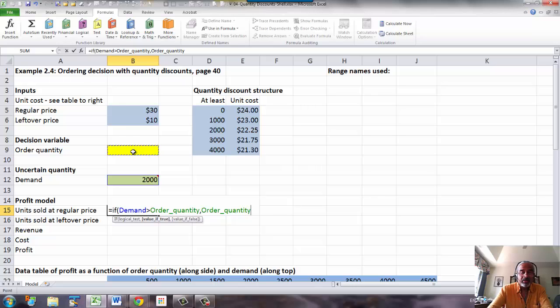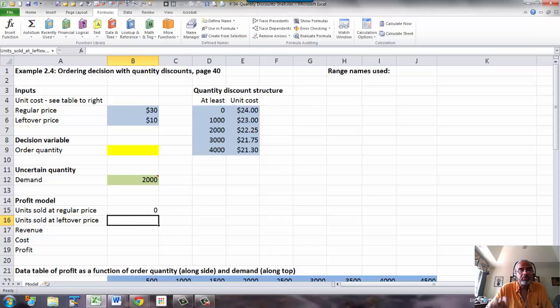Otherwise, if the demand is smaller than order quantity, then demand will be what you will sell. So this is through the IF function. We can check this out. Suppose you order only 1,000 and demand is 2,000, you will sell only 1,000. If the demand is 3,000 and order quantity is 3,000, then you can only sell the demand.